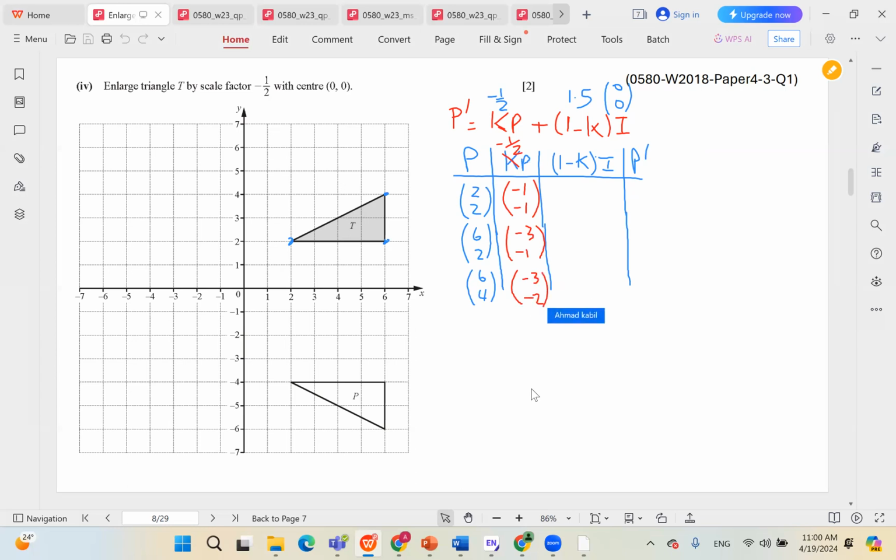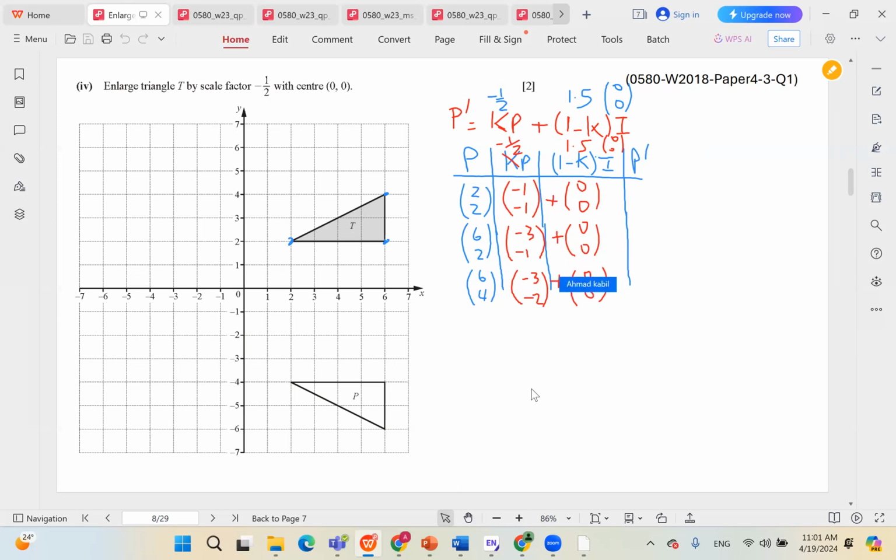Now, in this case, 1 minus K is 1.5 and I is 0, 0. So it just ends up being 0, 0. And when we add them up together, there is no change in the initial vectors.